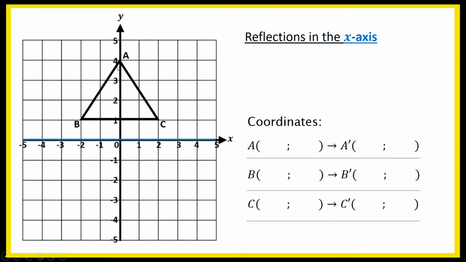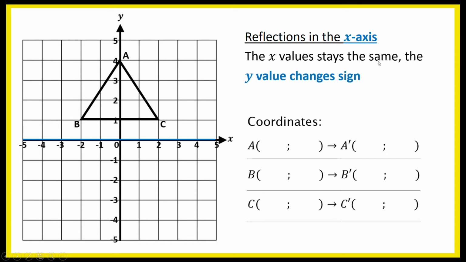If you look at all of these y values, 1, 2, 3, 4, and this shape reflects over this line, it's going to land up here, and then all the y values are -1, -2, -3, -4. So if they were positive, they will become negative. If they were negative, they'll become positive. The x value stays the same, the y value changes sign.